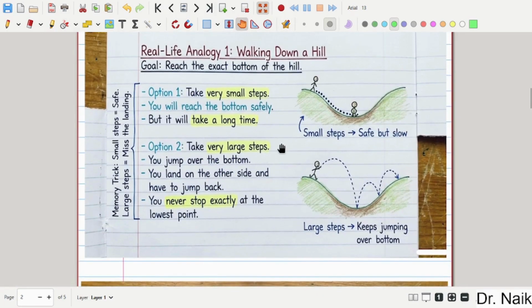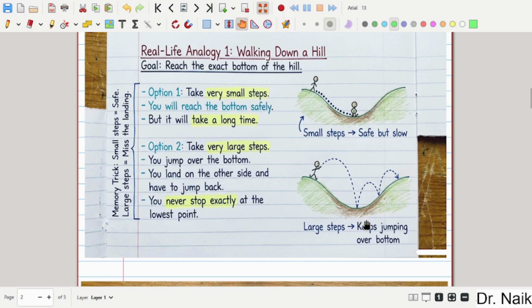Now imagine that you want to reach the exact bottom of a hill. There are two options. You take small steps, you will reach the bottom safely, but it will take a long time. Another option is that you take large steps, that is, you jump over the bottom.